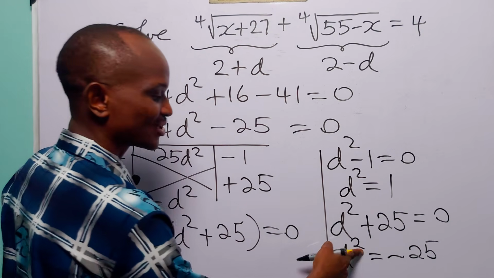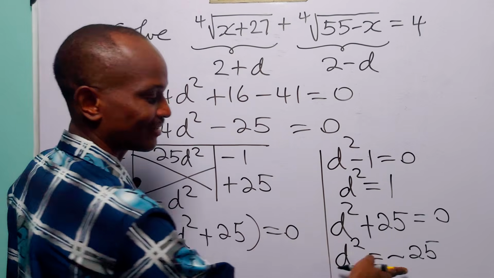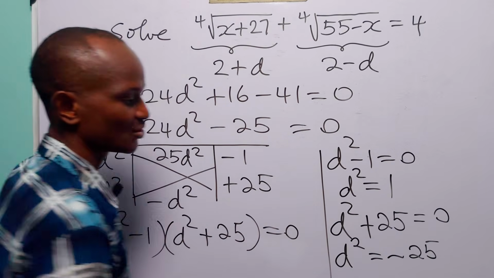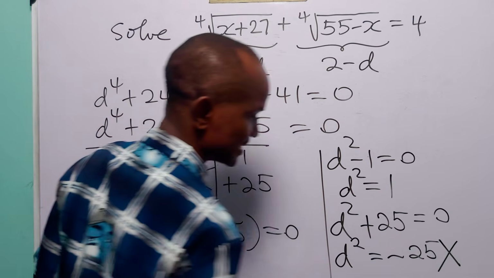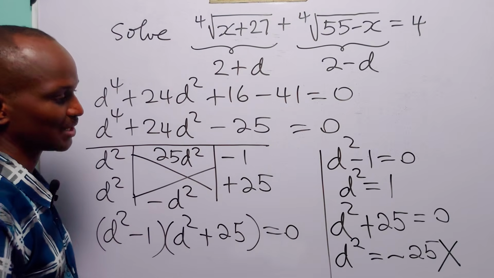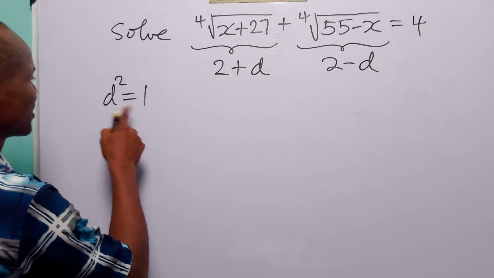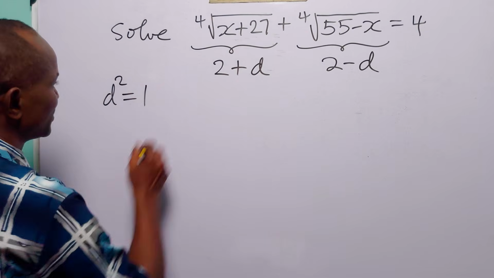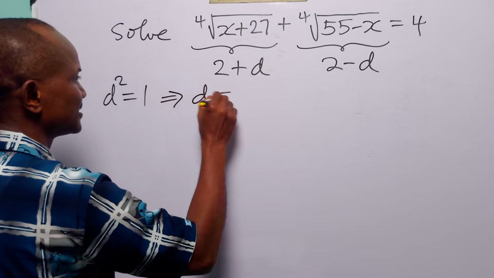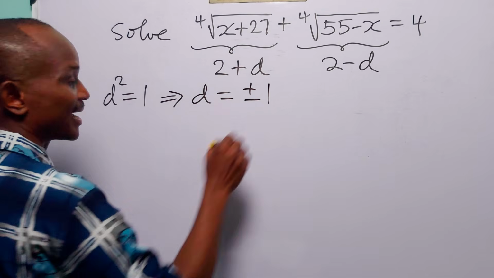But now you know that the square of a real number cannot be negative. So this second value of d squared is unacceptable. And taking square root of both sides of this equation, we have that d is equal to plus or minus 1.